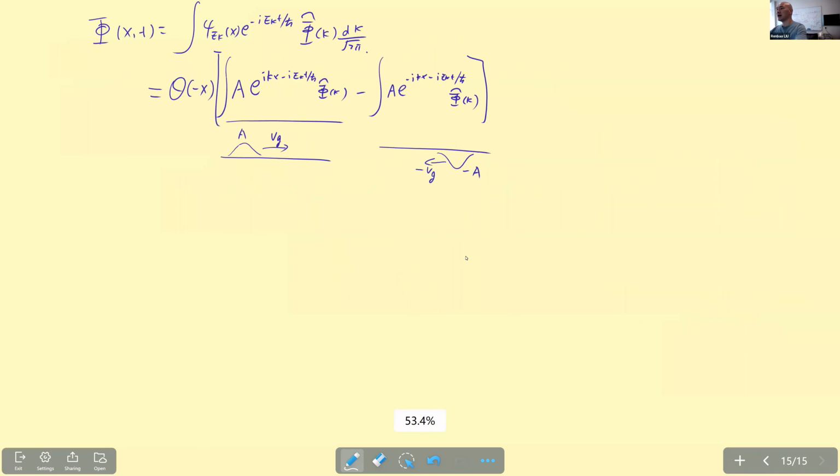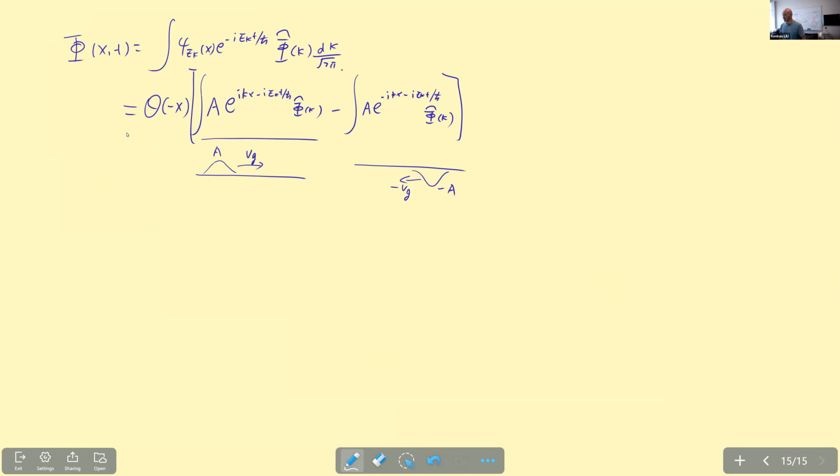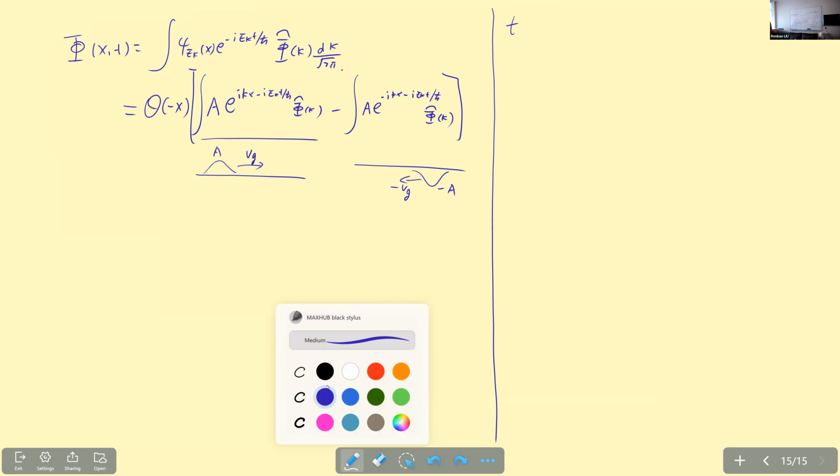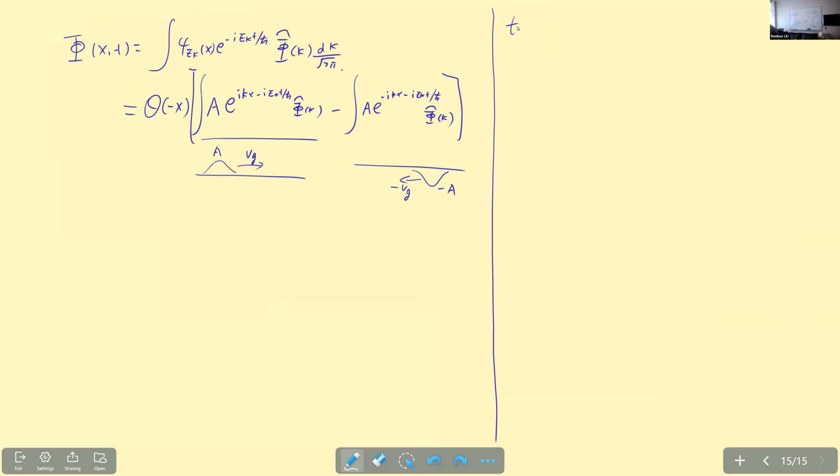Looks quite straightforward. So let's look at a different time. At t much less than zero, in the beginning, in the past, for t equals minus t, that's much less than minus 1, you have two wave packets.